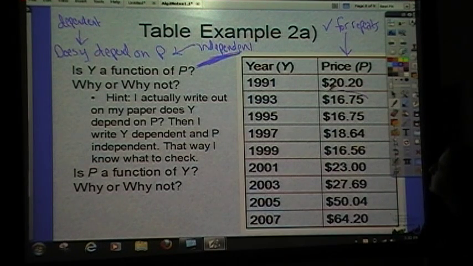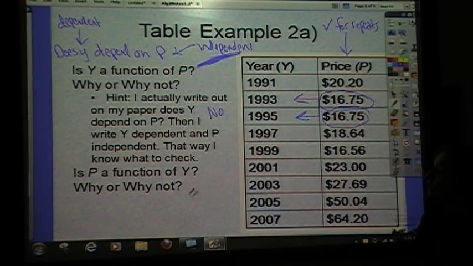Oh, 1675, 1675. Do those match? No. So does year depend on the price? The answer is no. It does not. Because 1675 had 2 different years, and that's what you would say for Y.